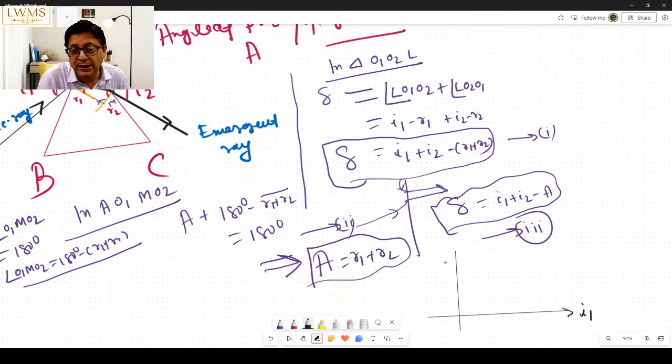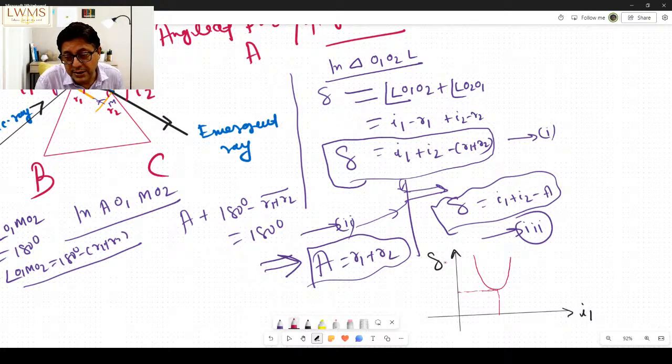This is your I1 and this is delta. Experimentally, if we plot the graph it will take this shape. But it's a question for your board exam.